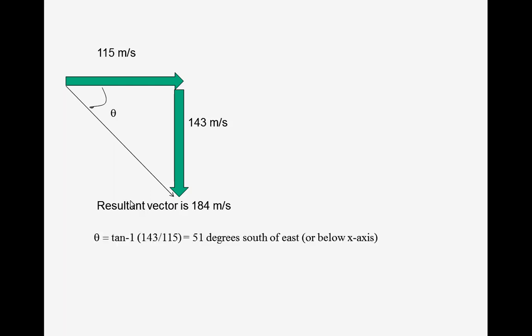The angle theta we would get by inverse tangent of opposite over adjacent. 143 divided by 115 gives me the angle 51 degrees south of east, or if I just wanted to say angled 51 degrees below the x-axis, or below the positive x-axis, I could say, so that I would face along the positive x-axis, then angle 51 degrees below it, and that is the direction for that vector.